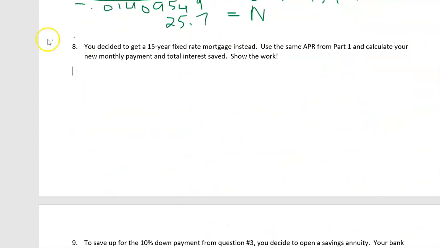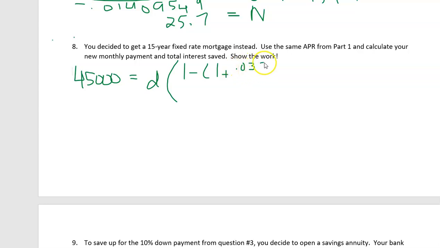It's going to be 45,000. Again, we don't know our payment amounts, but we still have the same interest rate.